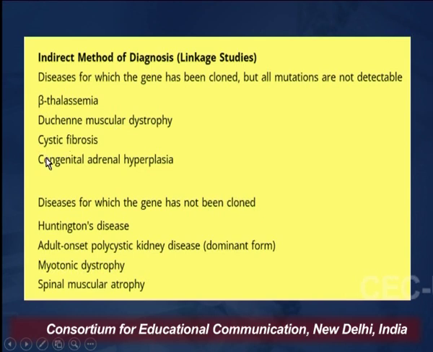Some of the diseases such as cystic fibrosis, DMD or beta thalassemia can be identified if they are occurring randomly and the gene has been cloned. If the gene has been cloned but the mutation is not known, then we can use the indirect diagnosis method.